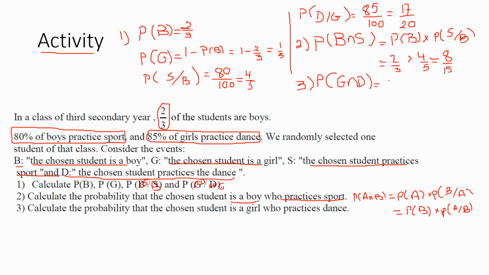P of G times P of D given G. We could take P of D times P of G given D, but we don't have the probability of D or probability of G given D. Probability of G is 1 over 3 times 17 over 20.